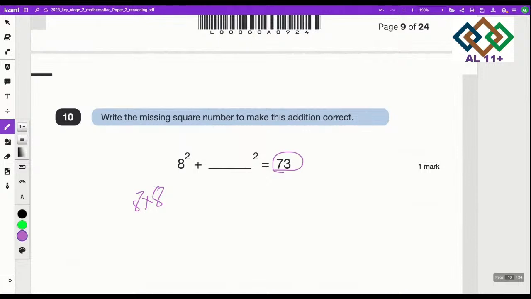So you got 64 here. Basically, you will just do 73 minus 64, and then you have a square here, so you have to be careful. So what will you add to 64 to give you 73?